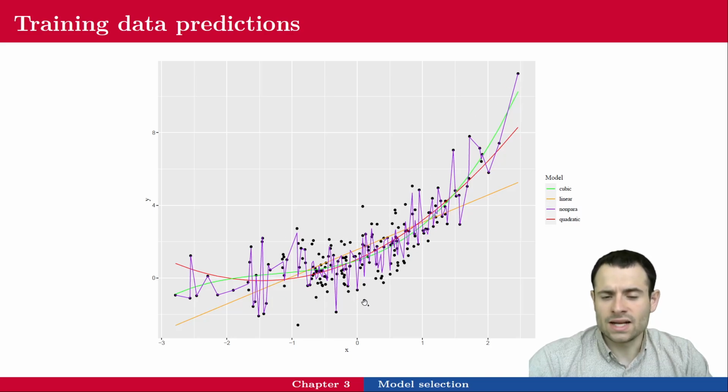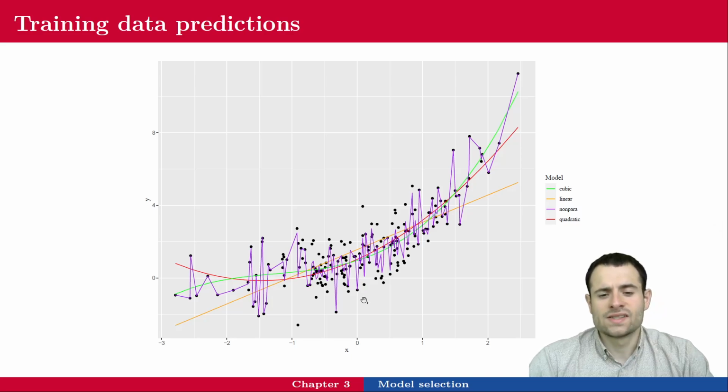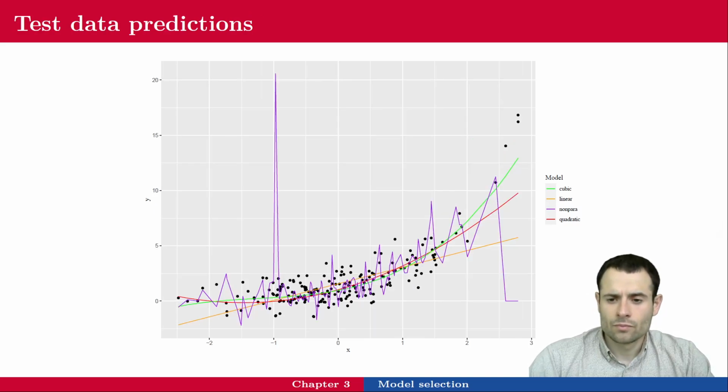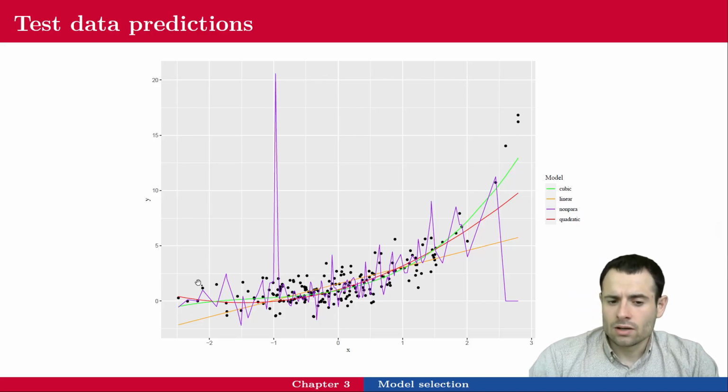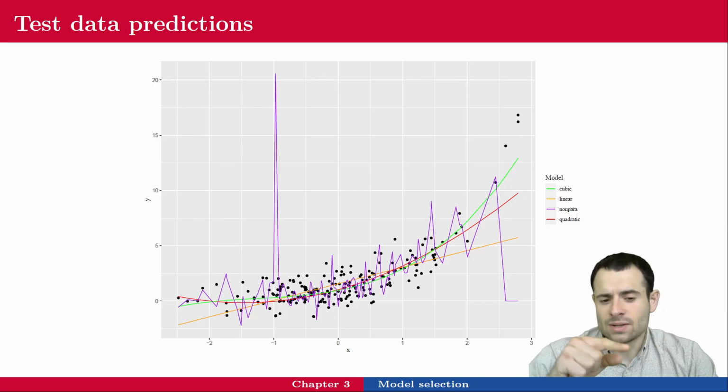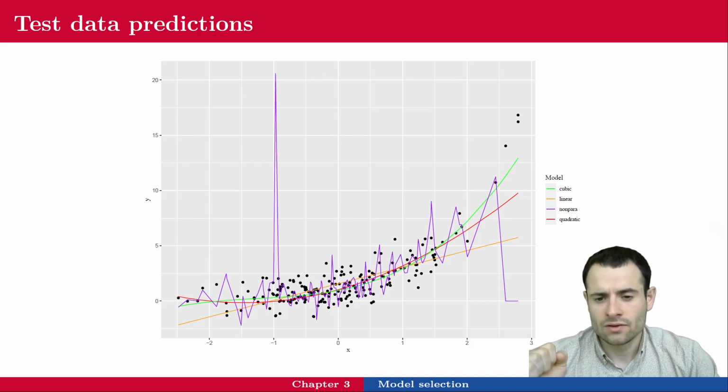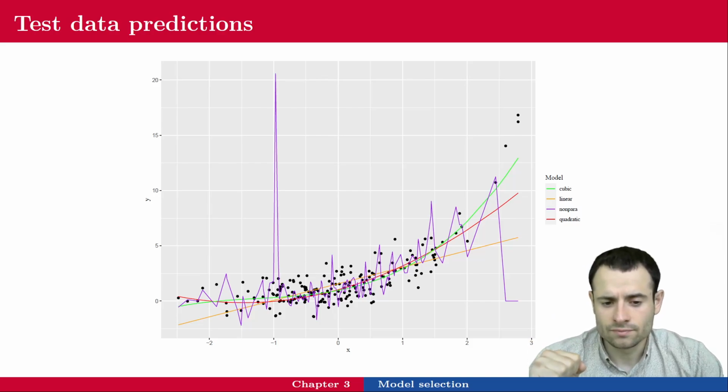The relationship is exactly the same, it is just another sample. So overall, the shape maintains for those new points. Now, obviously, the non-parametric estimator is even more erratic than before, and its pattern is very different from the training dataset.